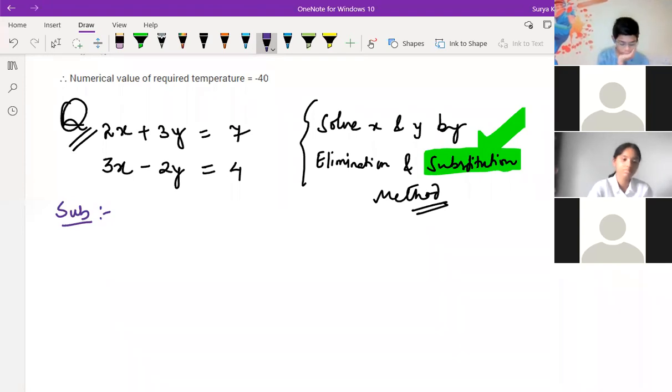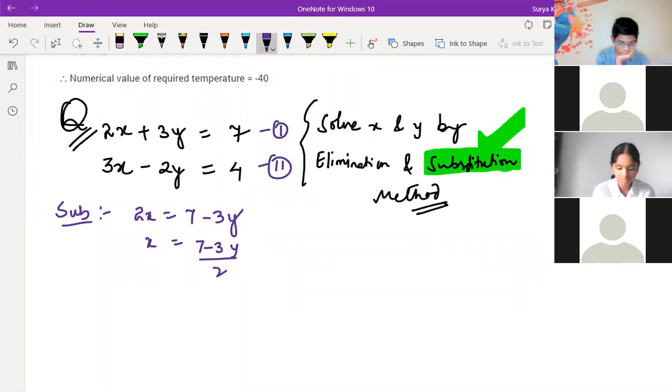See the substitution method, children. Those who are not getting it, you can write here 2x is equal to 7 minus 3y. So x is equal to 7 minus 3y divided by 2. Can you write this, children? "Yes, sir. We are finding the value of x from the first equation and putting the value of x in the second equation."